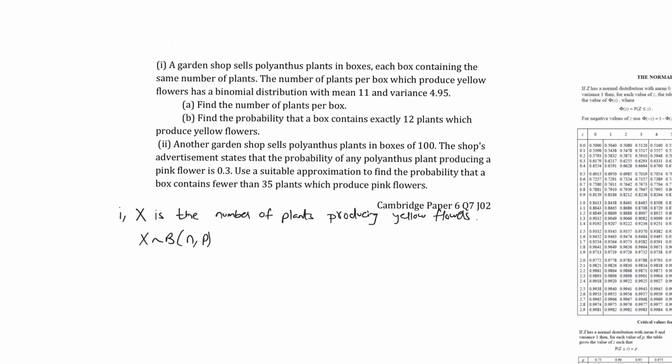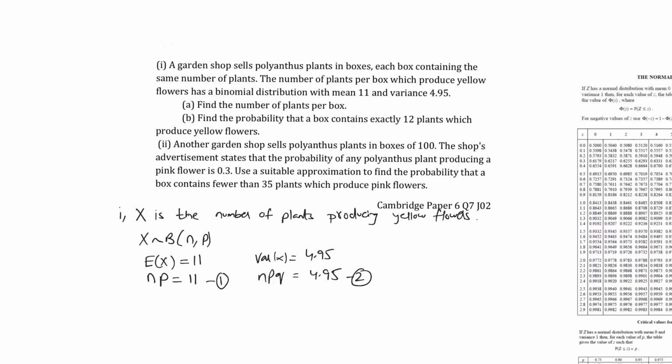You know that the mean is 11, and in a binomial distribution the mean is the product np, and variance is given to you as 4.95. So variance is npq, which is 4.95. Now you can solve these two equations simultaneously and get the values of p and q. So you will make p the subject, so it will be 11 upon n.